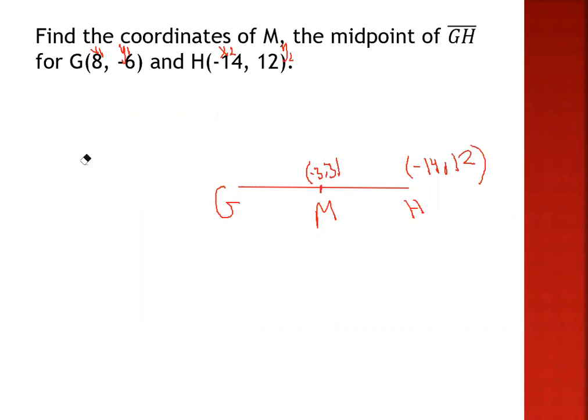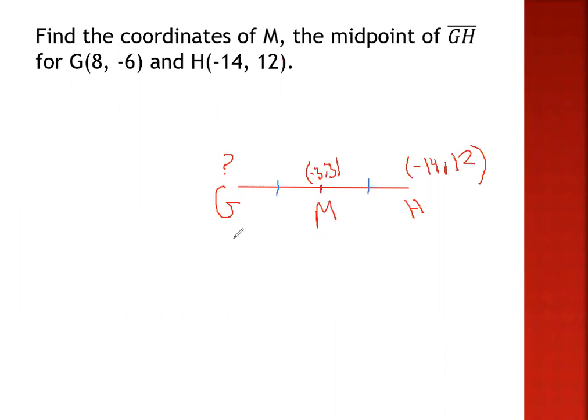I changed the question. I have now the midpoint. We will equal this side, okay? We will replace G with variables and add them with H equal M.